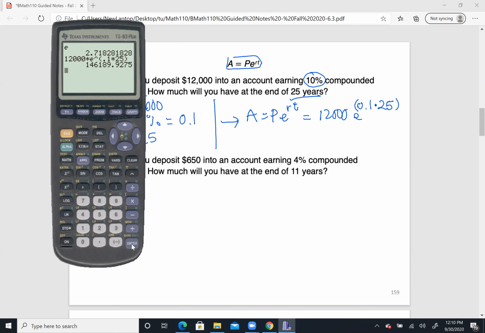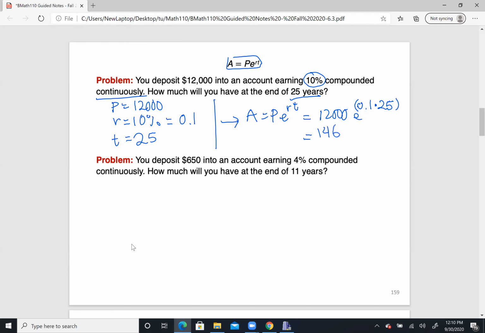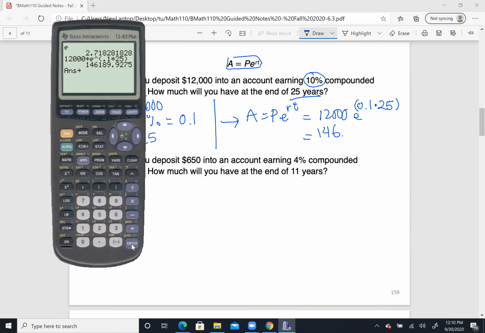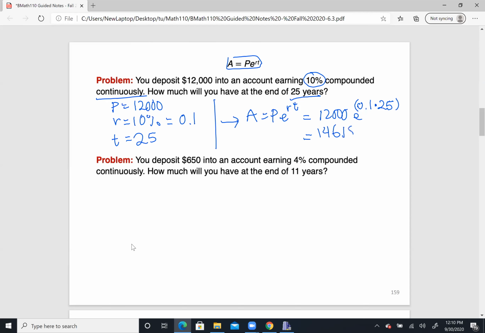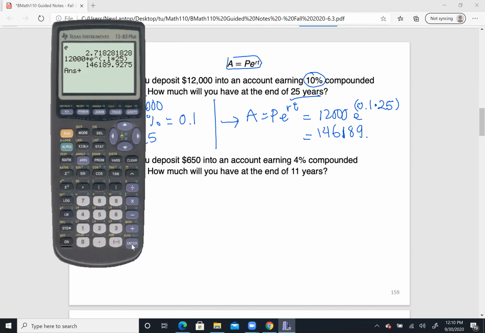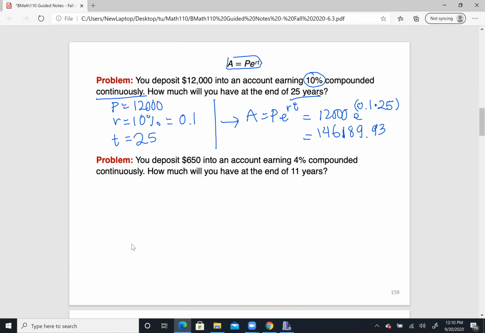You're going to have 146,000 and 189.93 dollars.